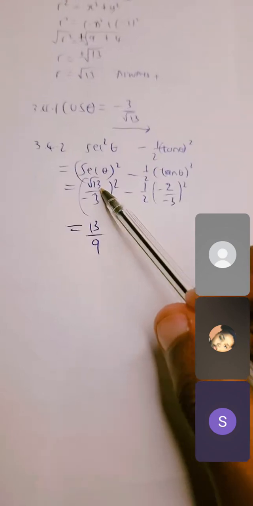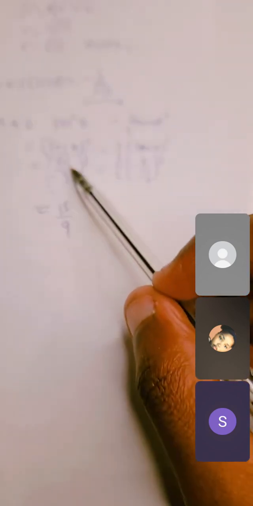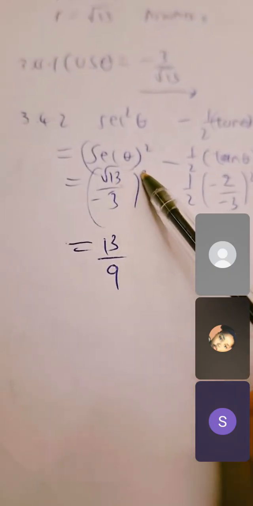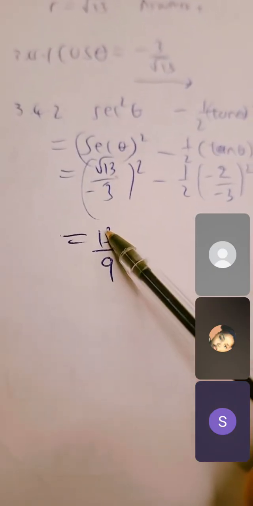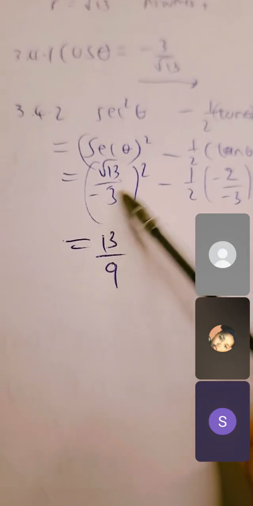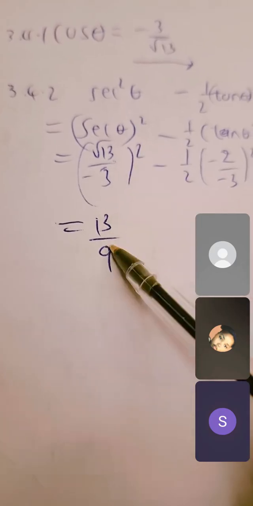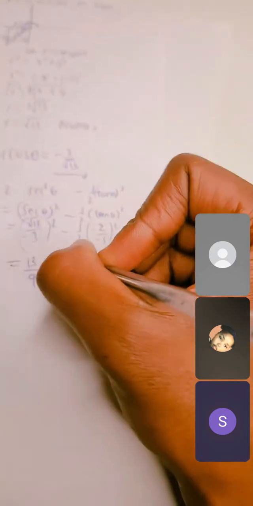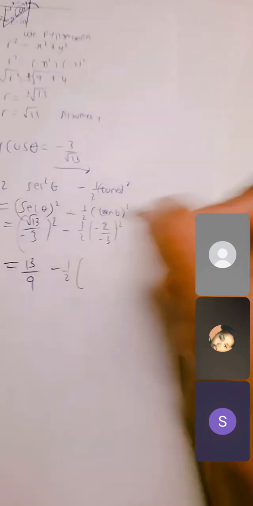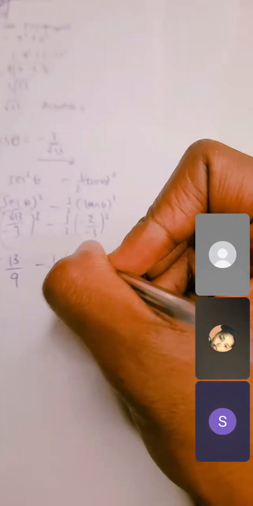Okay, there we have it. Square root of 13 squared is 13. Negative 3 squared, the negative sign becomes positive, and 3 squared is 9. That's 4 over 9.